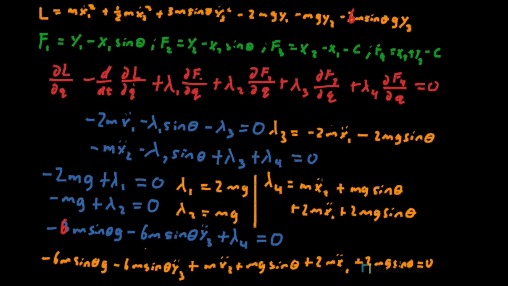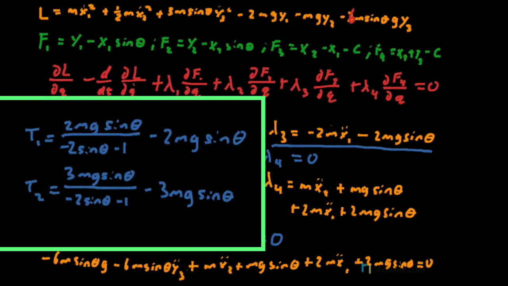Now, if you were looking to find the tension forces using this method, that's not that hard either. Because our third constraint function claimed that the distance between x2 and x1 was always a constant, in a sense it represented the string connecting them. And if you look at our value for lambda 3, and you plug in the opposite of what we found for y3 double dot in the place of x1 double dot, you will find that it's the same exact result as we found for the first tension force using the Newtonian method.